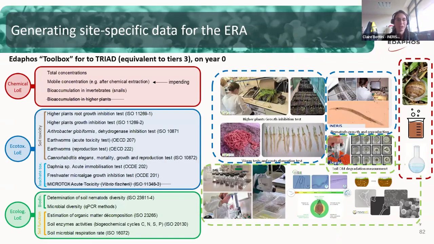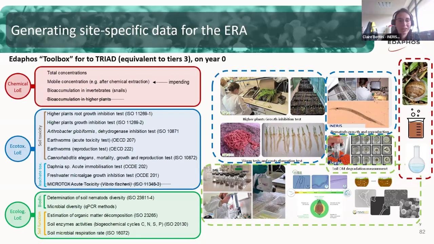So for each line of evidence, we have a chemical, ecotoxicological, and ecological line of evidence. As mentioned, we collected several types of data. For the chemical line of evidence, we had total soil concentration and bioaccumulation in invertebrates. For the ecotoxicological line of evidence, we have measures of soil toxicity, but we also did some elutriate tests to measure the toxicity of leachates on Daphnia and microalgae, for example.